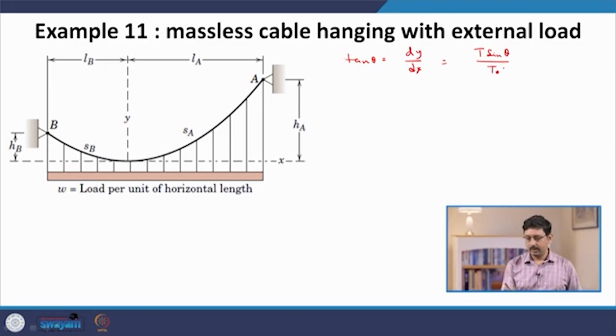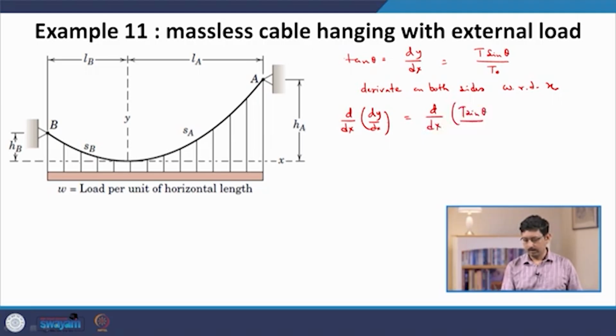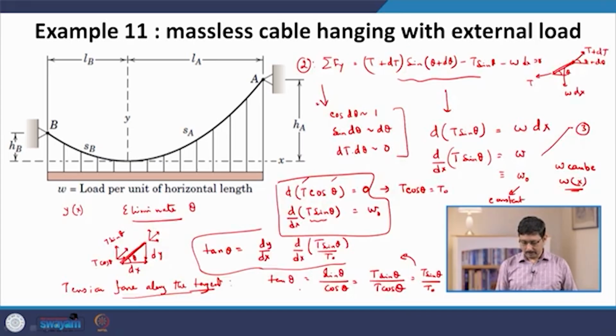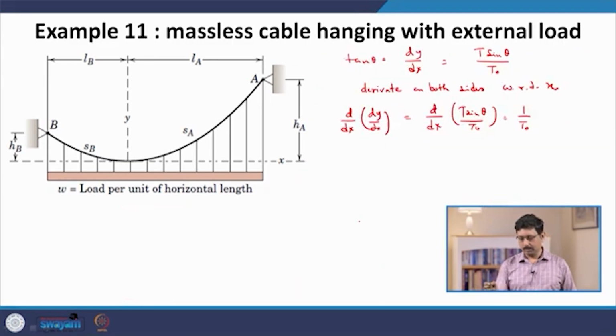Now, if I take a derivative on both sides with respect to x, we get d2y/dx2 equal to 1 over T naught. Now, T naught is a constant, so we can take it out, and d/dx of T sin theta is w naught.